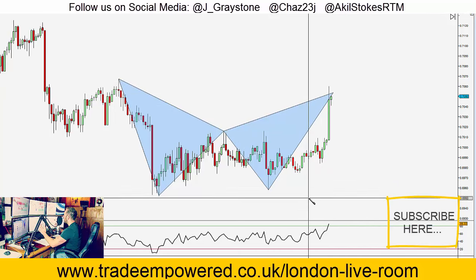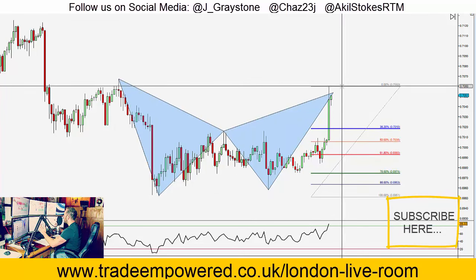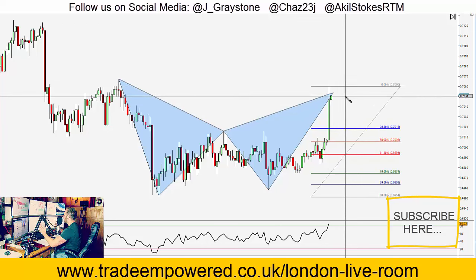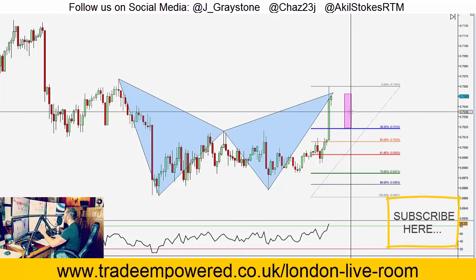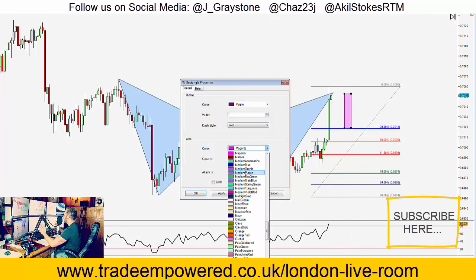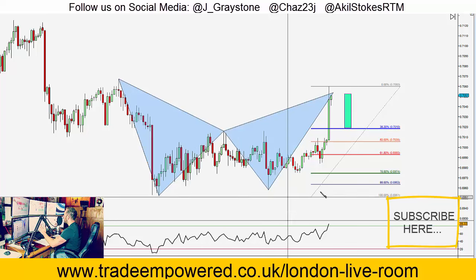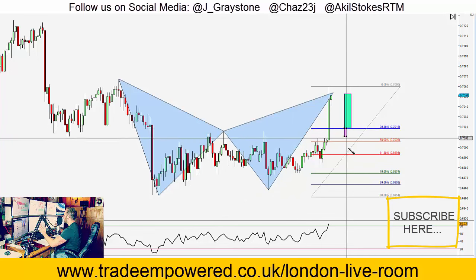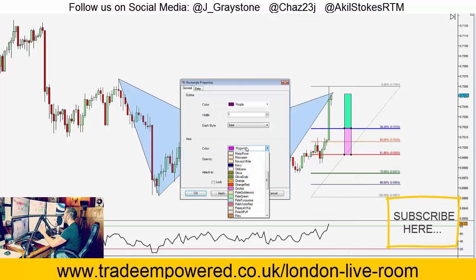You'd have to get your stops above X. You'd have to adjust these targets a little bit now because we have pushed up. But if you were to enter at market, then you're looking at target 1 down at the 382, which is 70.18, and then target 2 down at the 618, down at 69.93.